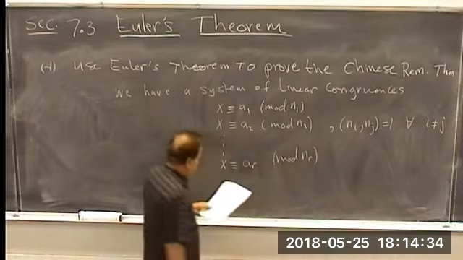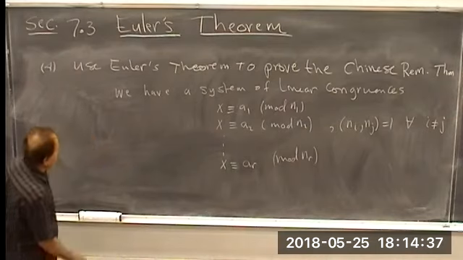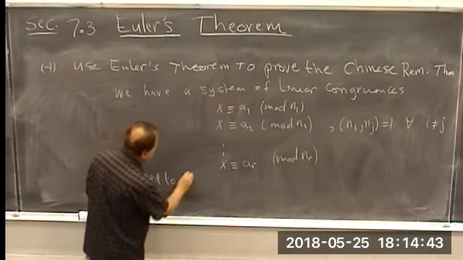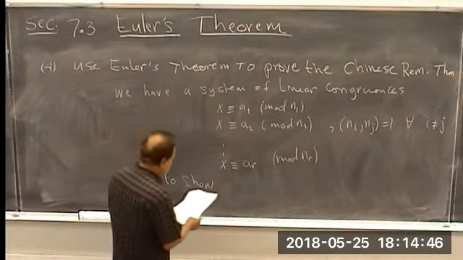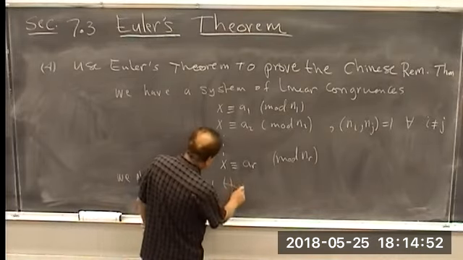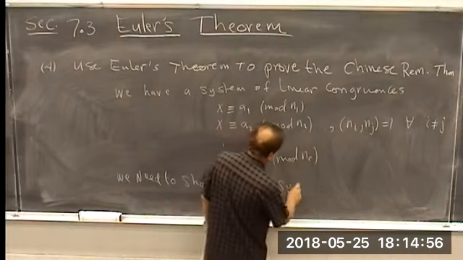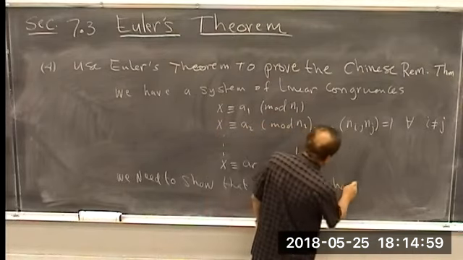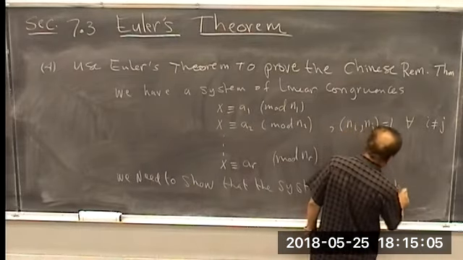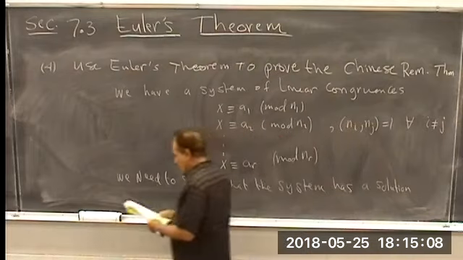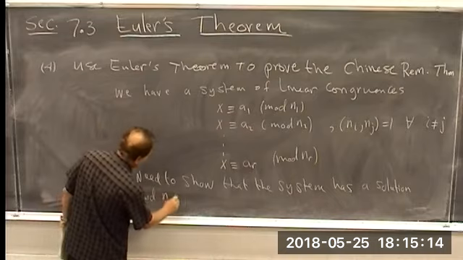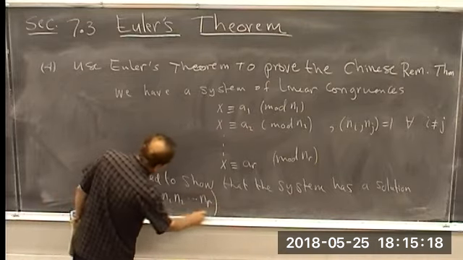All right? So the Chinese remainder theorem says that we need to show that the system has a solution, also a common solution, mod the product of all the integers.